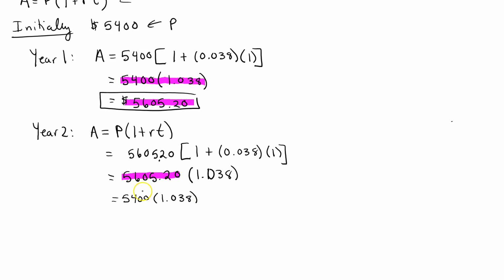The only thing that I substituted is here, because these two things, the pink highlights, are the exact same amount. But look at this, I have one extra 1.038. I'm just going to re-juggle this a little bit. I get 5,400 times 1.038 squared. So when we multiply these two things together, we get 5,818.20.